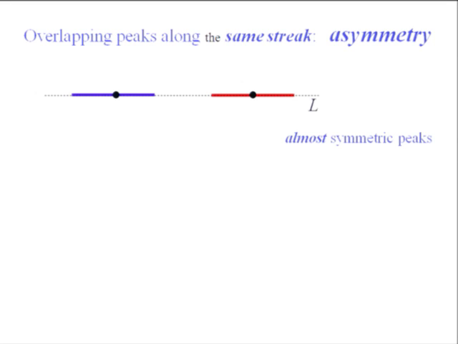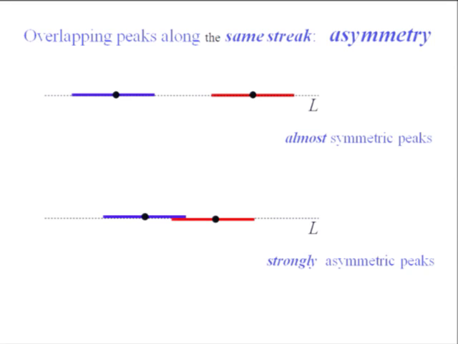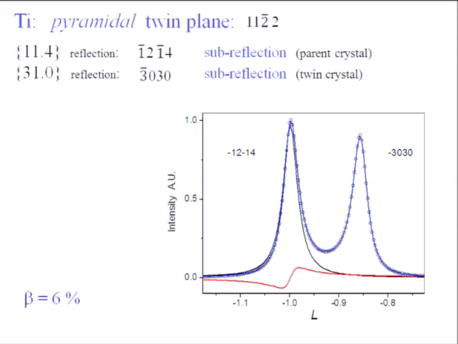And if the corresponding reciprocal lattice points are far from each other, then the streaking will not overlap. However, if the reciprocal lattice points come closer to each other, or the twin density becomes high, then these streaks will overlap. And this overlap will produce an interference effect, which will make the diffraction profiles asymmetric.